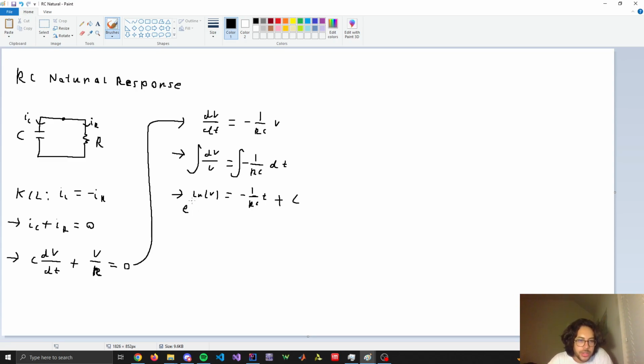And so to solve this, we exponentiate both sides to get rid of the natural log.